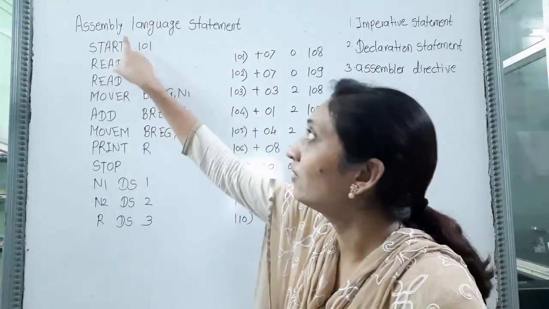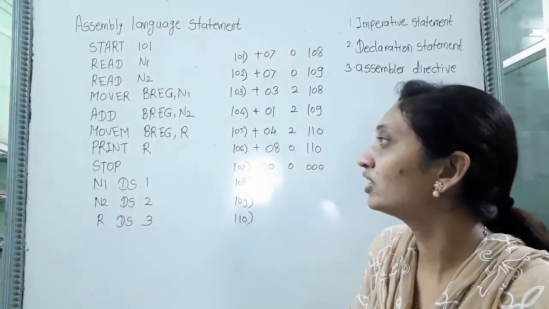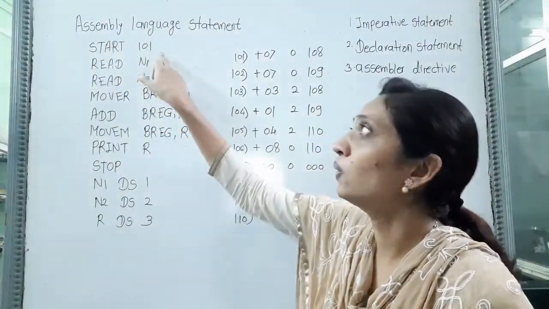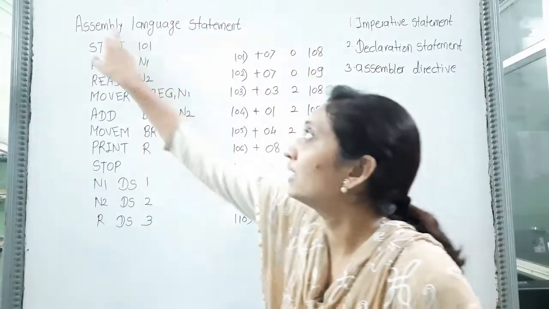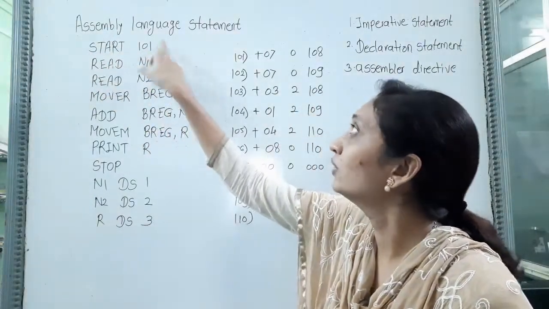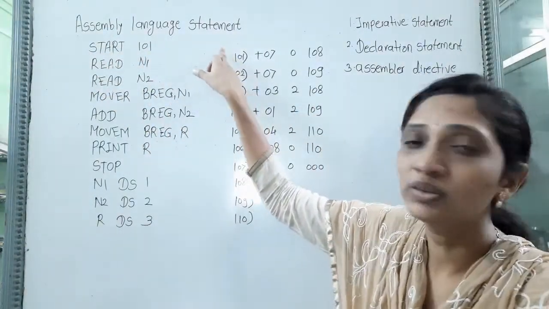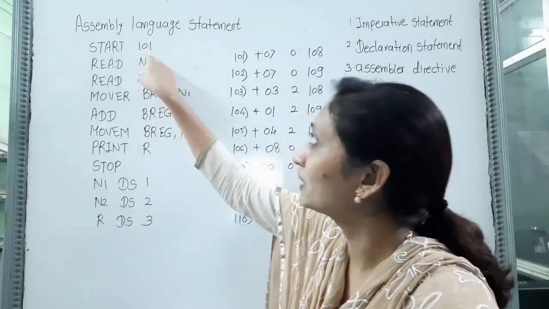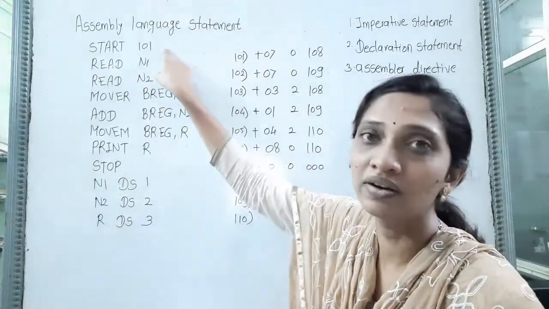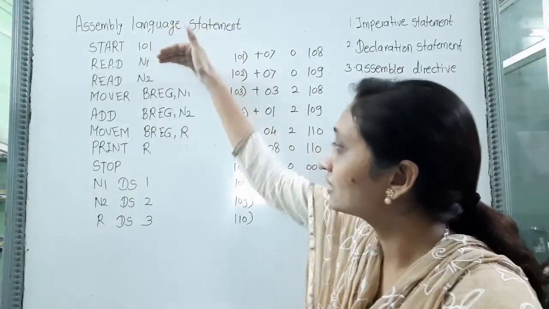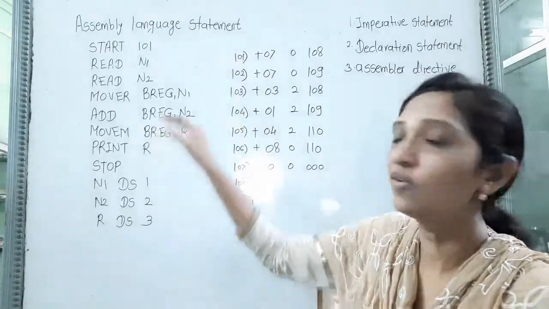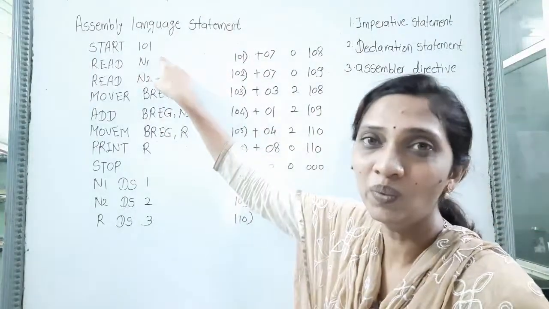The statement always starts with START, and after that one value is given. What is the meaning of this, and why are we writing START here? When we start the assembly language program, our first statement is START 101. This statement suggests that the words of your assembly language program are stored from the location specified here as a constant, that is, from address 101.